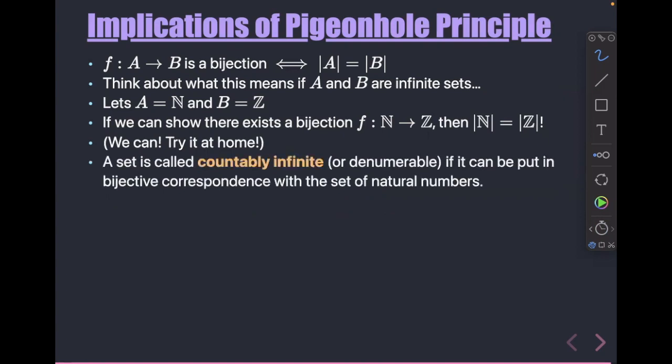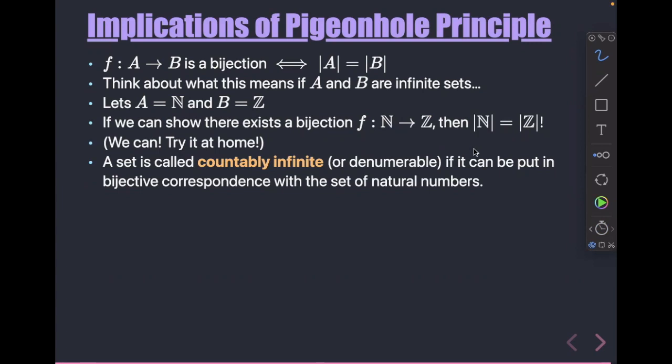If you can come up with this bijection, this set is called countably infinite. This is a common thing you also hear in math classes, this idea of being countable. It just means that if you can map from the natural numbers to that set using a bijection, then that set is considered countably infinite.